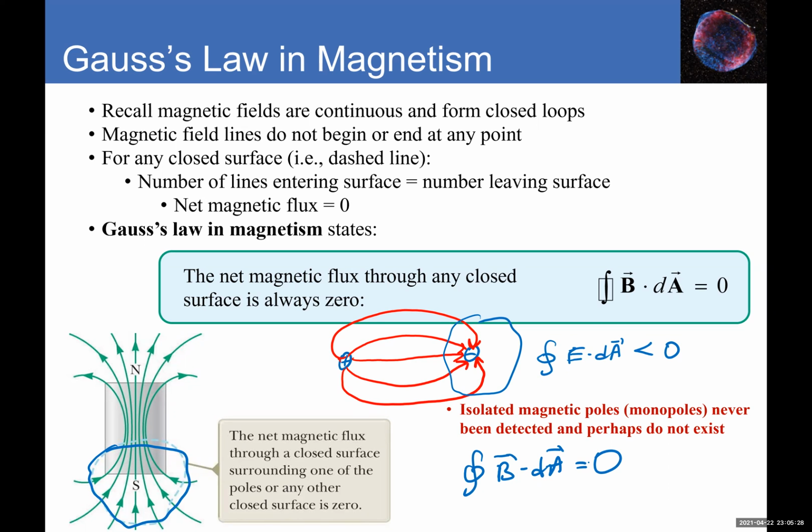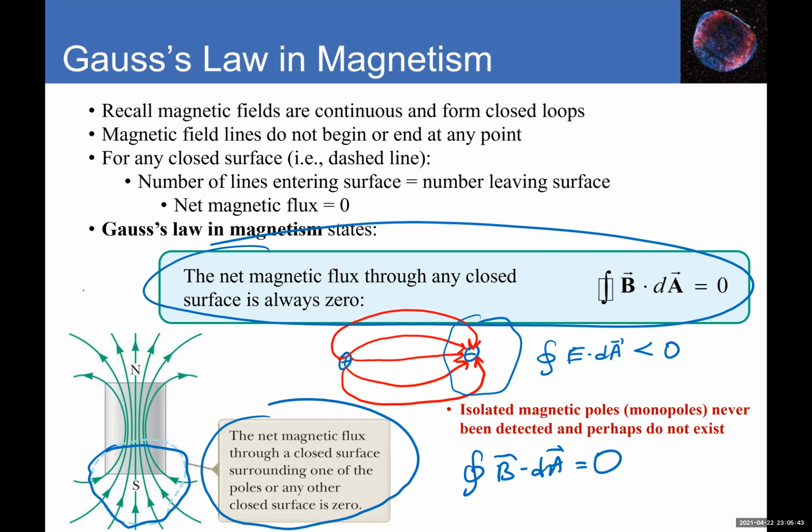That means the net magnetic flux through a closed surface surrounding one of the poles, or any other closed surface, is zero. So Gauss's law in magnetism always gives you the integral of B dot dA equals zero for a closed surface. That's the key for the closed surface.